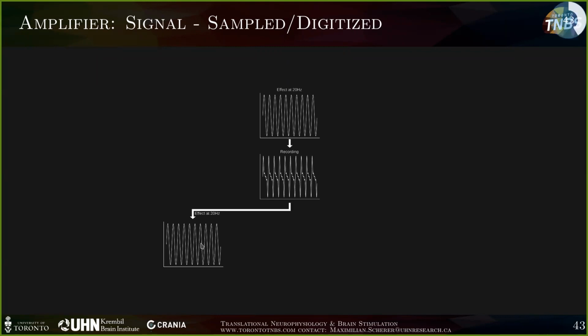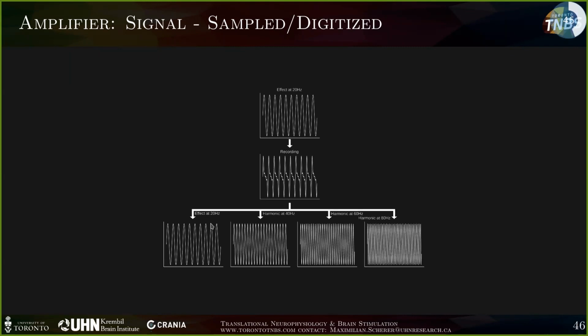And that basically resulted in having an effect at 20 hertz, and then one at 40, and another at 60, and one at 80. Basically, if you have that unlucky relationship between super high amplitude and high impedance, you can have multiple replications of the original wave you wanted to capture at integer multiples or integer fractions of the signal you were looking into.